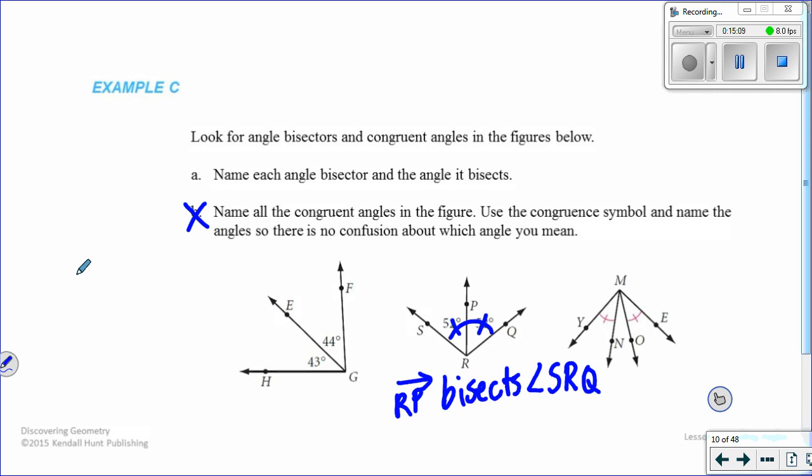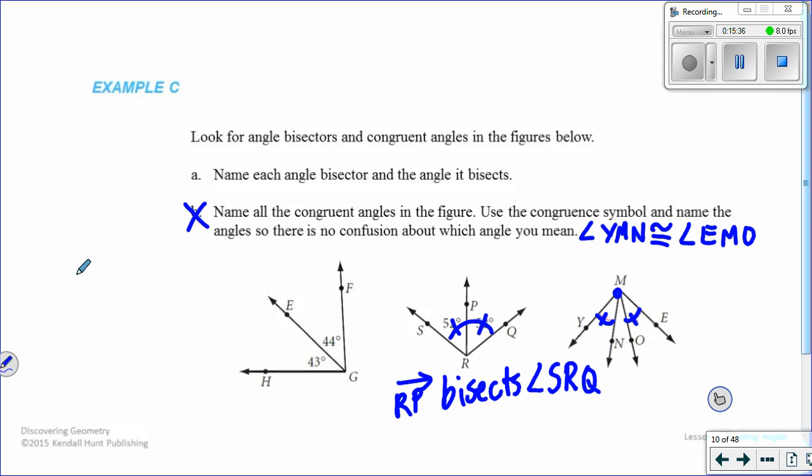It doesn't look like there's a bisector here, so let's see if we can find anything that's congruent. We could say, because these are marked in this way, we're going to say that angle YMN is congruent to angle EMO. Make sure you're using the right letters. Vertex again in the middle.